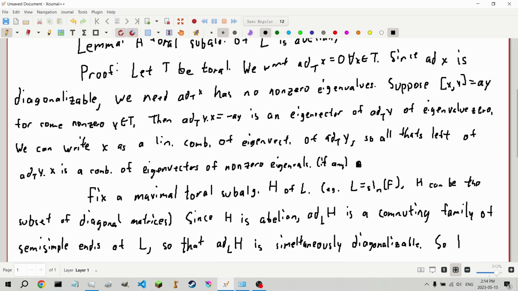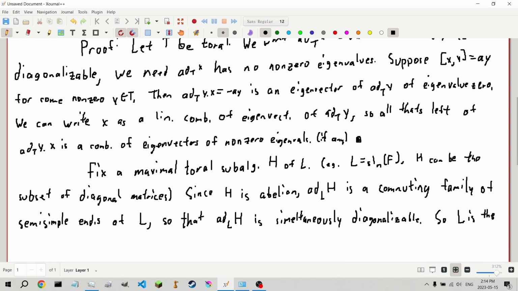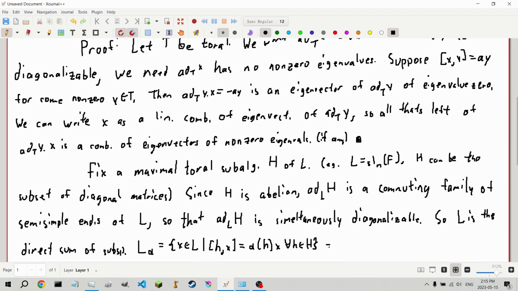So L is the direct sum of subspaces of the form L_alpha, being the x in L such that the bracket of h and x is alpha of h times x, for all h in our maximal toral subalgebra, for alpha in H star.